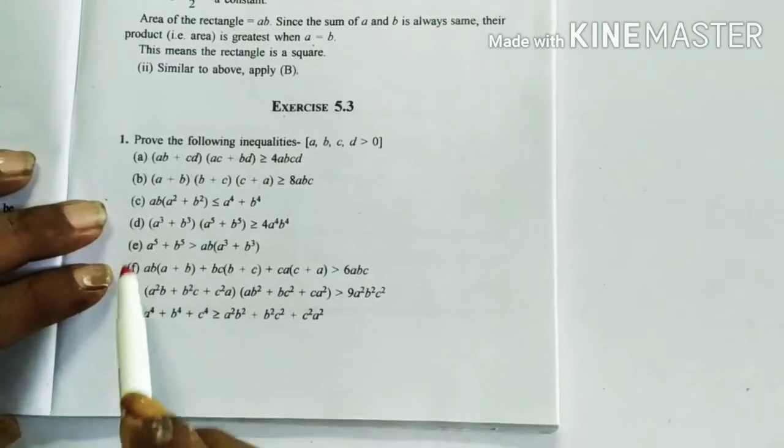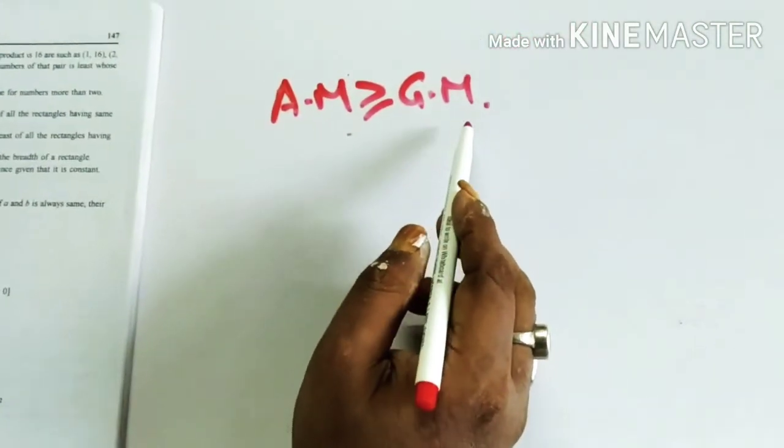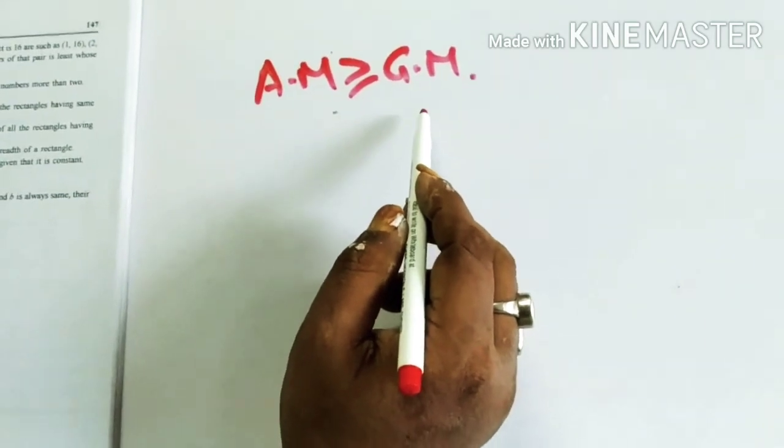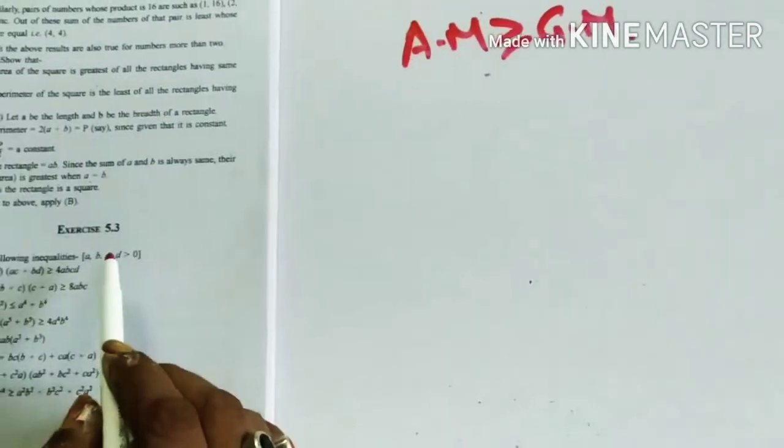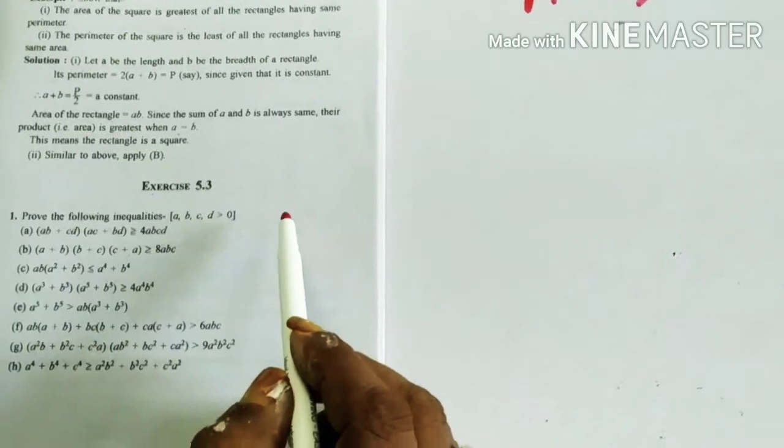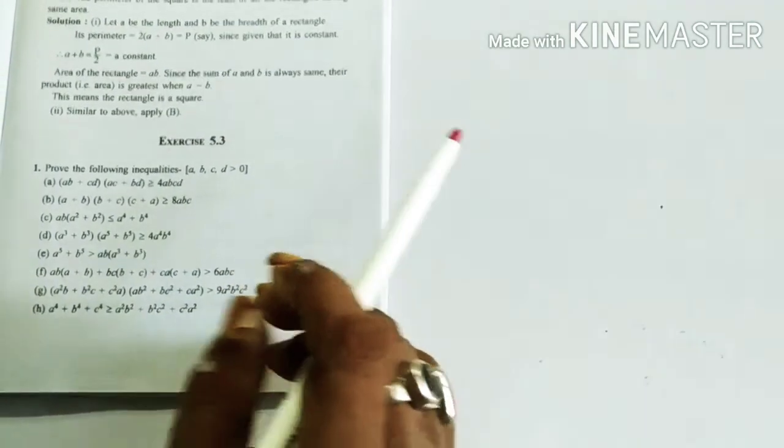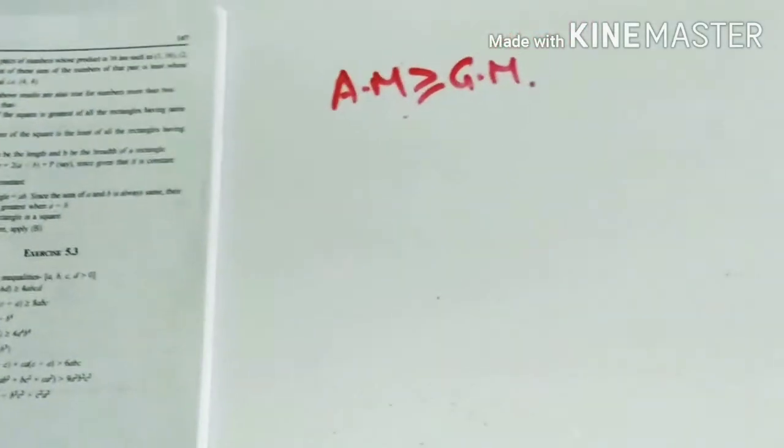We can't solve these three questions with the help of arithmetic mean greater than geometric mean. So I have not done them here, because this chapter is on arithmetic mean greater than geometric mean, and it would become a confusion for you.